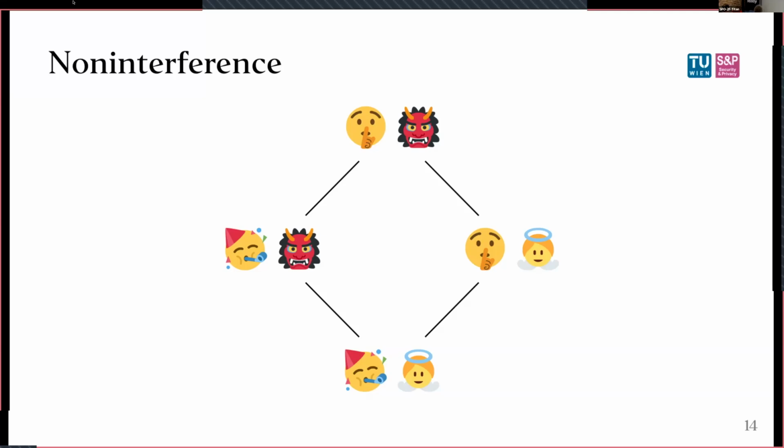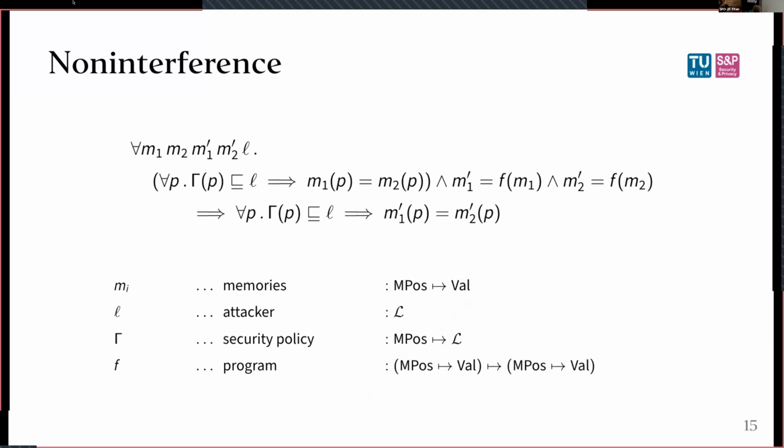You can describe the capabilities of an attacker on such a lattice, and these lattices can be arbitrarily complex if you think about different things that an attacker might want to know or influence. That's the formal definition.